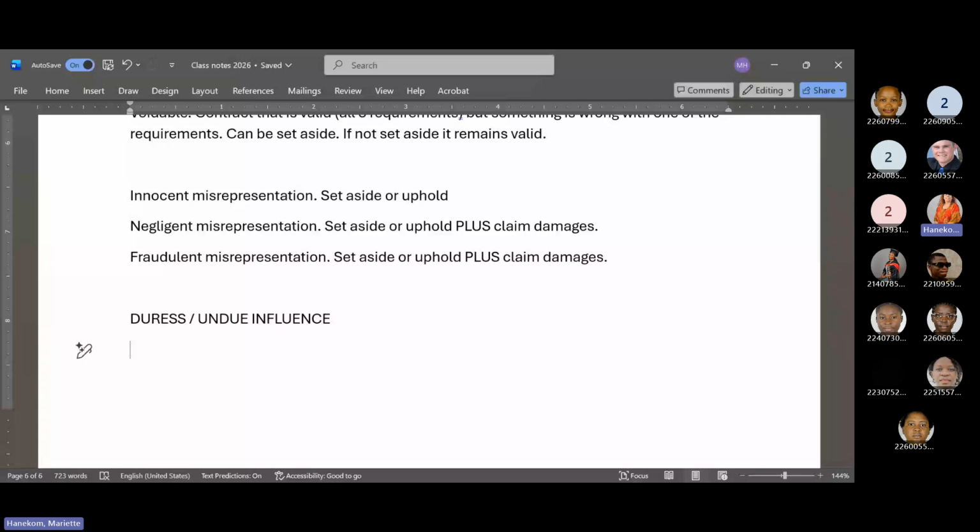Give me a moment. I'm going to quickly get, rather than typing them out, the two definitions of duress and undue influence, respectively.